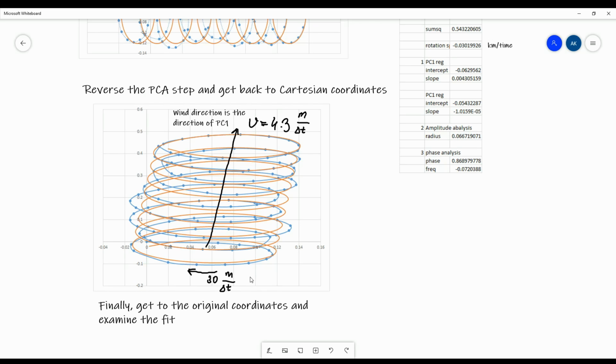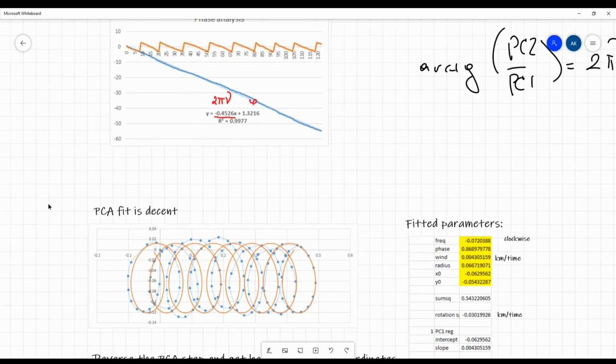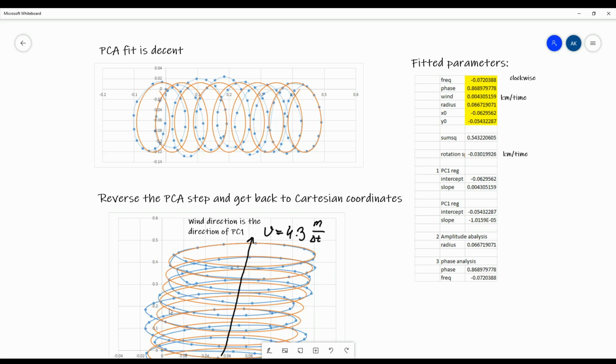It says 30 meters per second. I think that's probably too much. Actually, I don't know how fast paragliders move. Maybe that's a second.